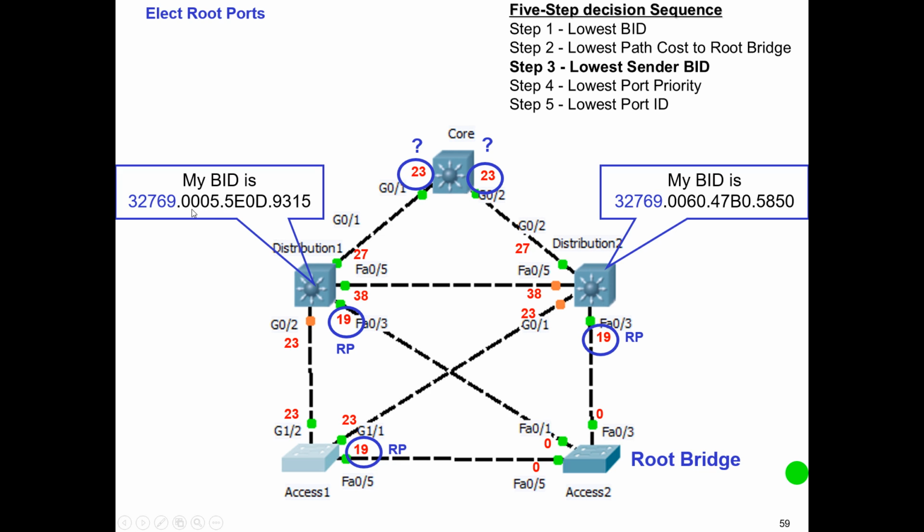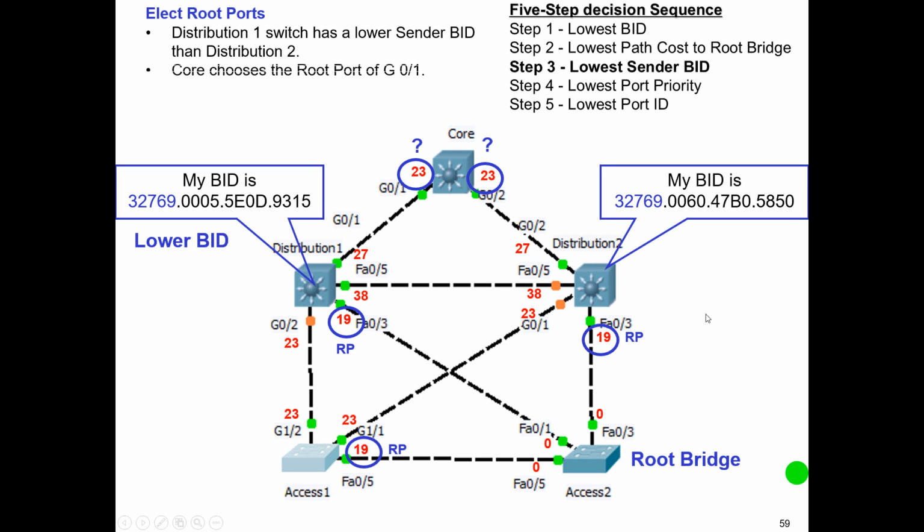Here we have a 0005 hexadecimal MAC. Here we have a 0060. So this is a higher bridge ID. So it will use the lower bridge ID path. So the core will choose the root port of gigabit 0/1.